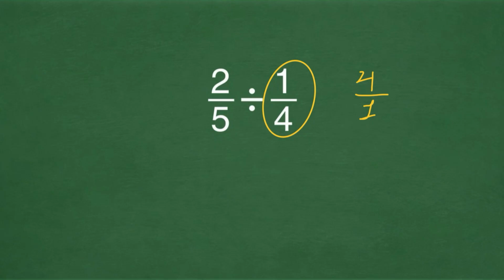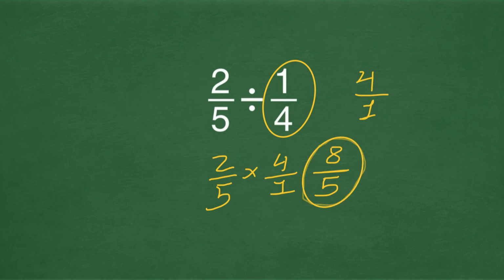So 2 over 5 is going to be multiplied by 4 over 1. And we're almost there. Just multiply straight across. 2 times 4 is 8 on top, and 5 times 1 is 5 on the bottom.